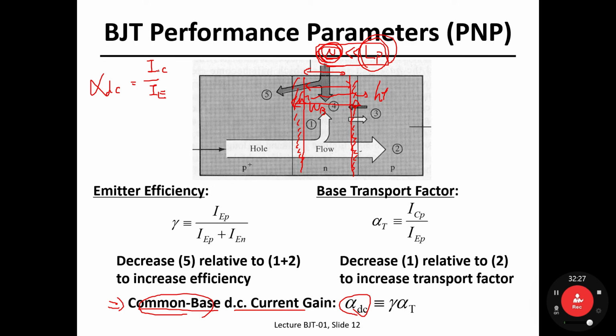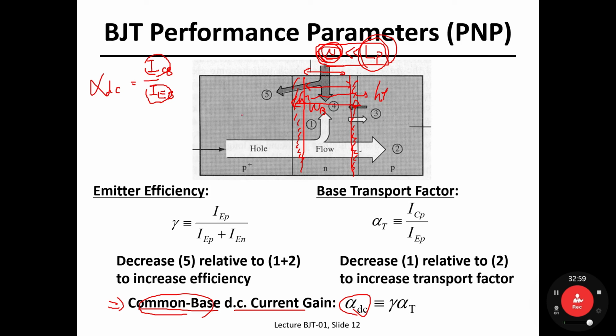But since a BJT device can take the current as an input or output signal, herein I have used I sub E as an input signal, and I sub C as the output signal. But definitely base is a common electrode. All right, so I sub C divided by I sub E.